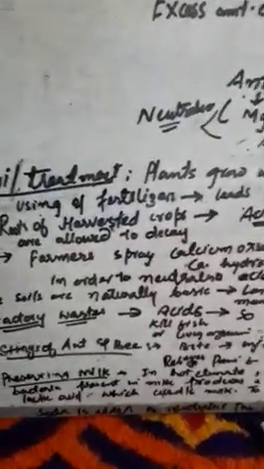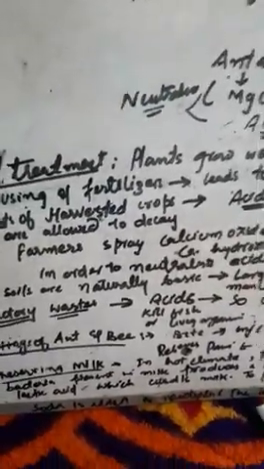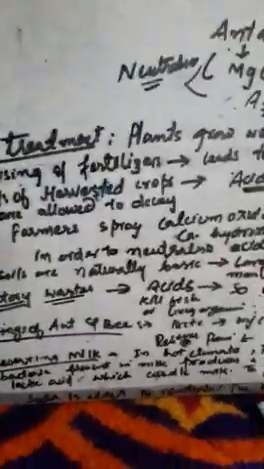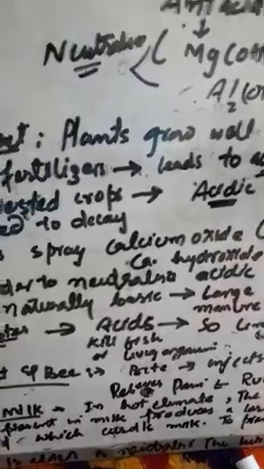Or the roots of harvested crops are allowed to decay in the field. They also increase the acidic character of the soil, which reduces the crop yield. So farmers spray calcium oxide to neutralize this acidic nature.